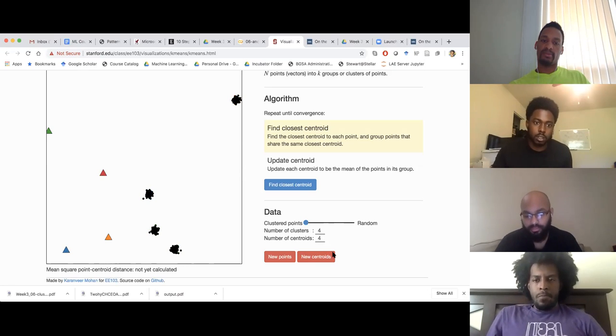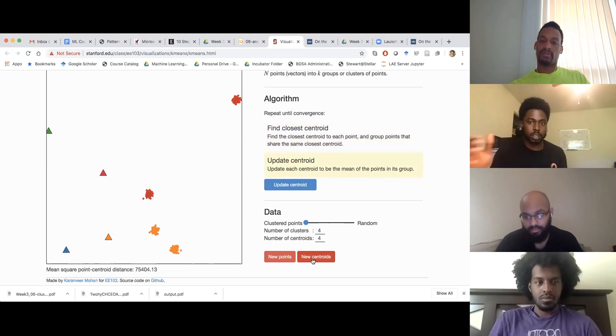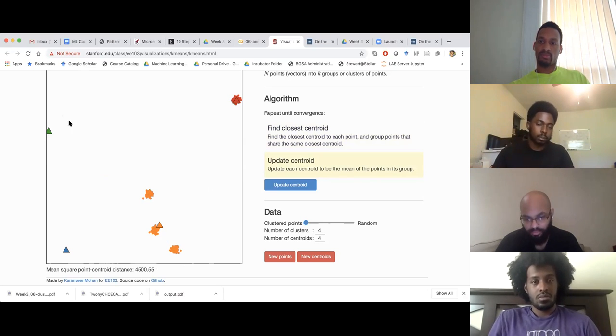Let's try it again. Every time I click new centroids, the centroids are placed in some arbitrary place within the space. Then we run the algorithm. All right, in this case, we've only had 2 of our 4 centroids put on our clustered data, even though we have 4 centroids and there are 4 clusters, right?